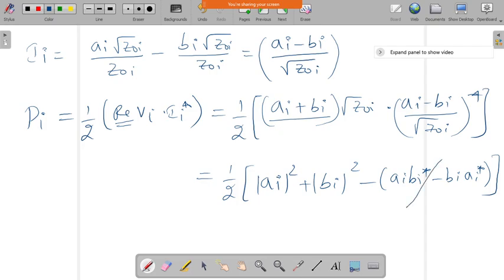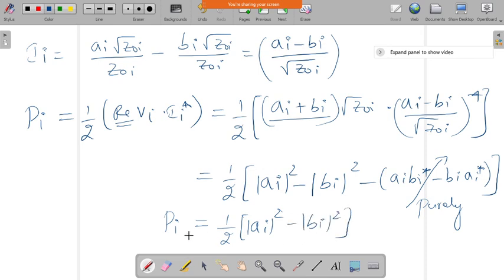Since we have to take only the real part, this is purely imaginary, so we can neglect it. So the real power delivered is plus into minus, which gives minus Bi square. So the real power is Ai magnitude square minus Bi magnitude square.